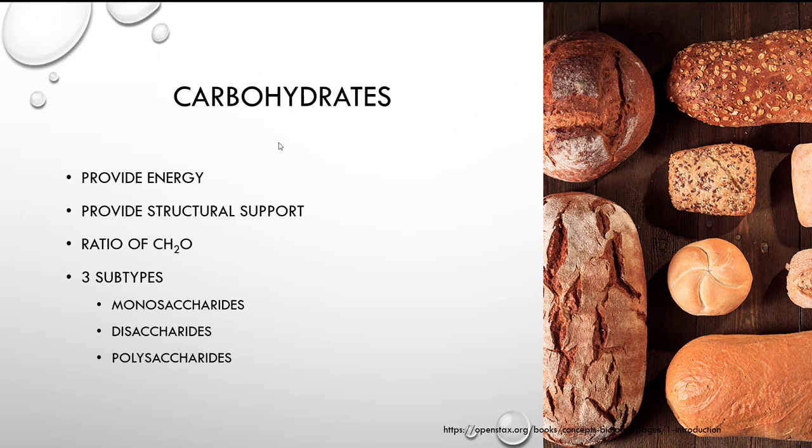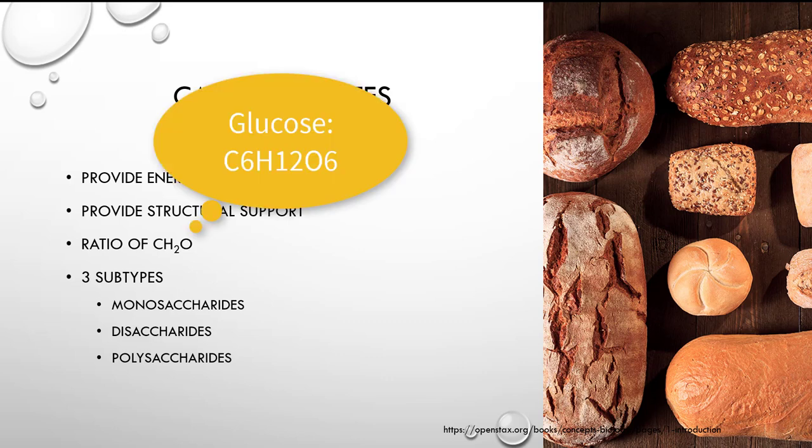For example, if we think of glucose as an example of a simple sugar, a monosaccharide, it has 6 carbons, 12 hydrogens, and 6 oxygens. So it follows that same ratio, where we have twice as many hydrogens as carbon and oxygen.